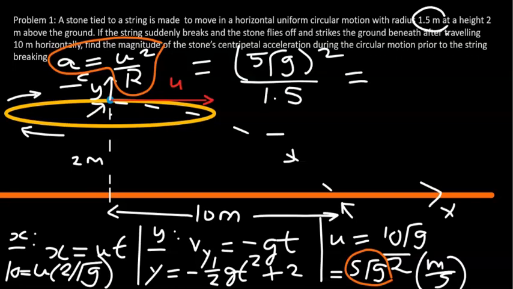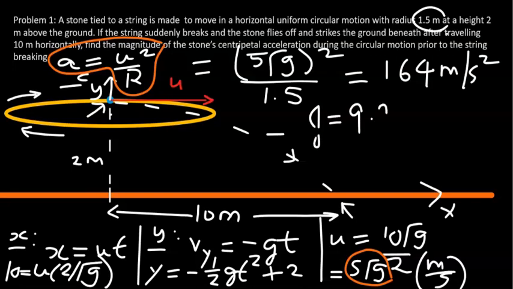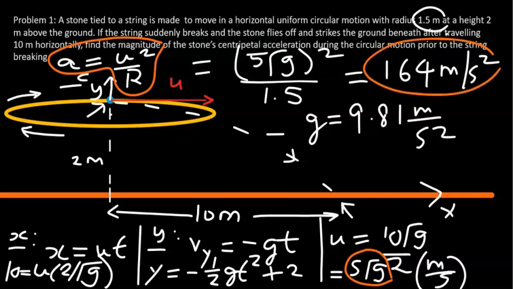And that's going to give you 164 meters per second squared. Now keep in mind we have taken g to be 9.81 meters per second squared. And that solves the problem.